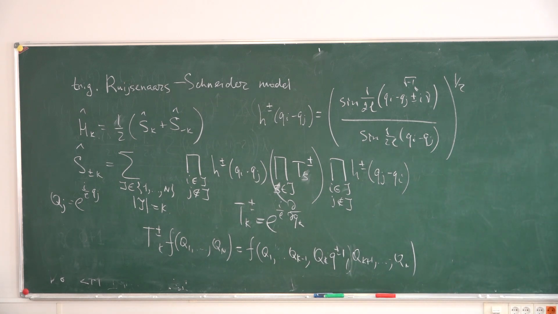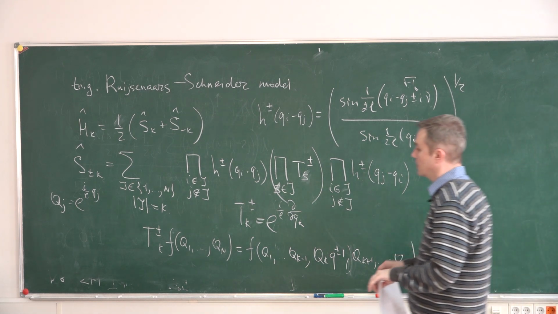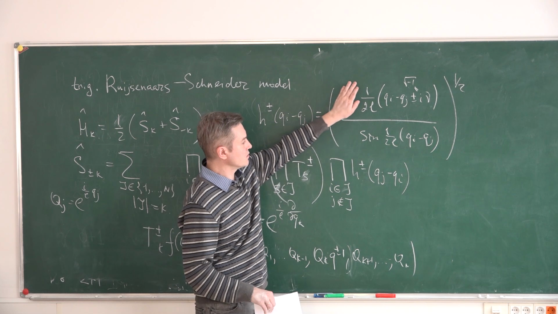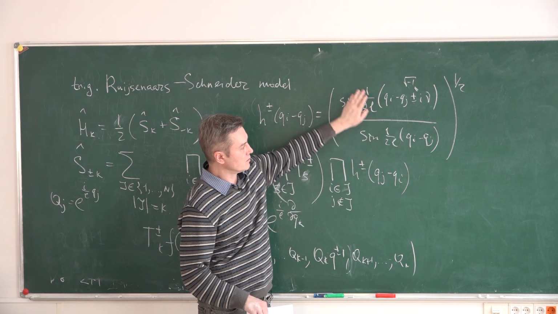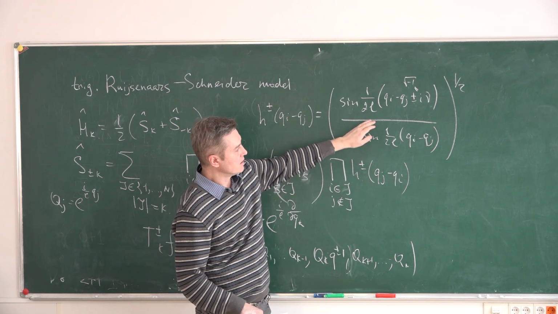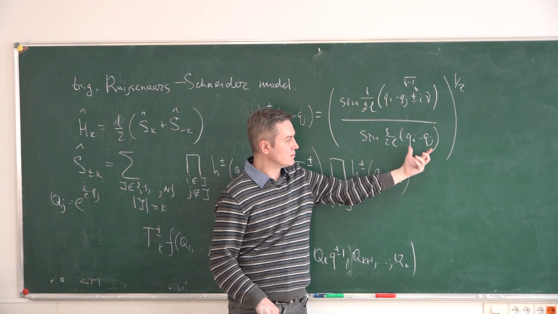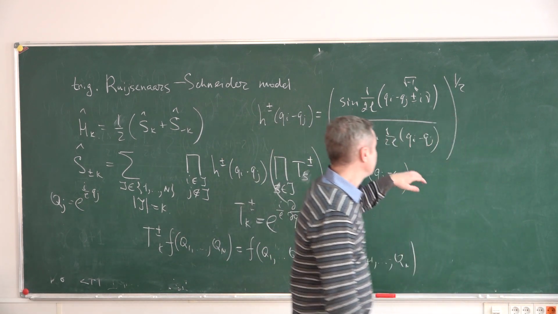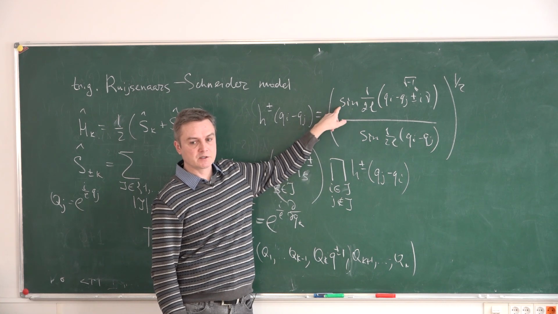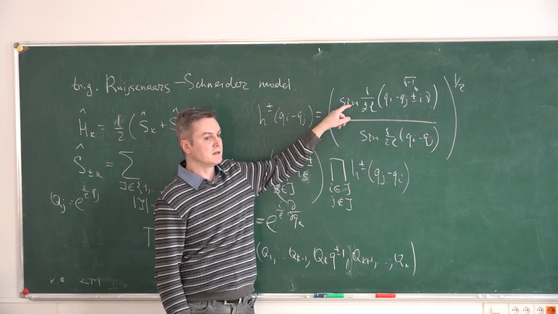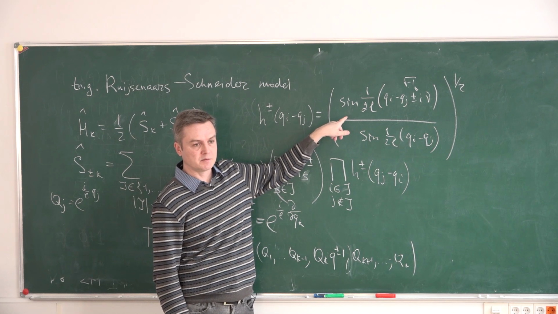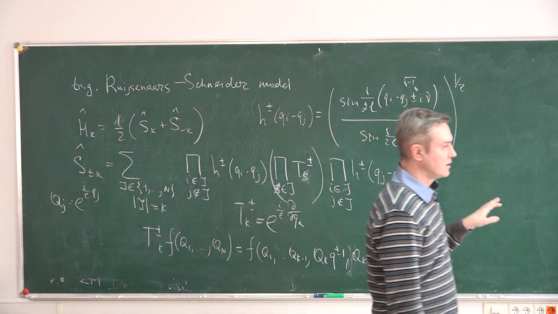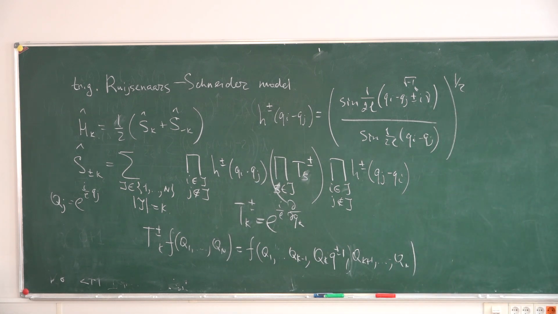It has a rational analog, which is obvious: you just remove the sine from here and from here, and you get the ratio of this expression divided by this expression, and that is the rational Ruijsenaars-Schneider model. And if you put here a theta function, the Riemann theta function, instead of the sine, then you get the elliptic model. It also works, and the functional equations are valid for the elliptic model as well.